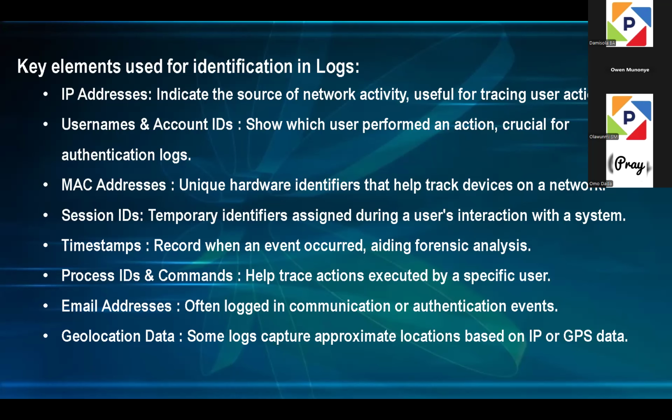If we are in a particular household, like my house, and we have a router that helps us connect to the internet, every device that is connected to the router has one IP address. Sorry.